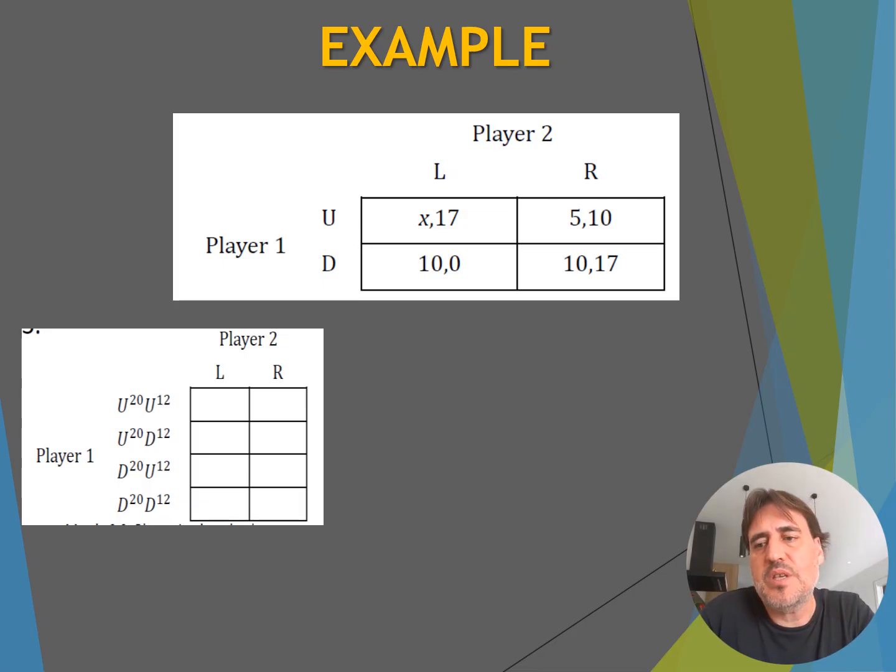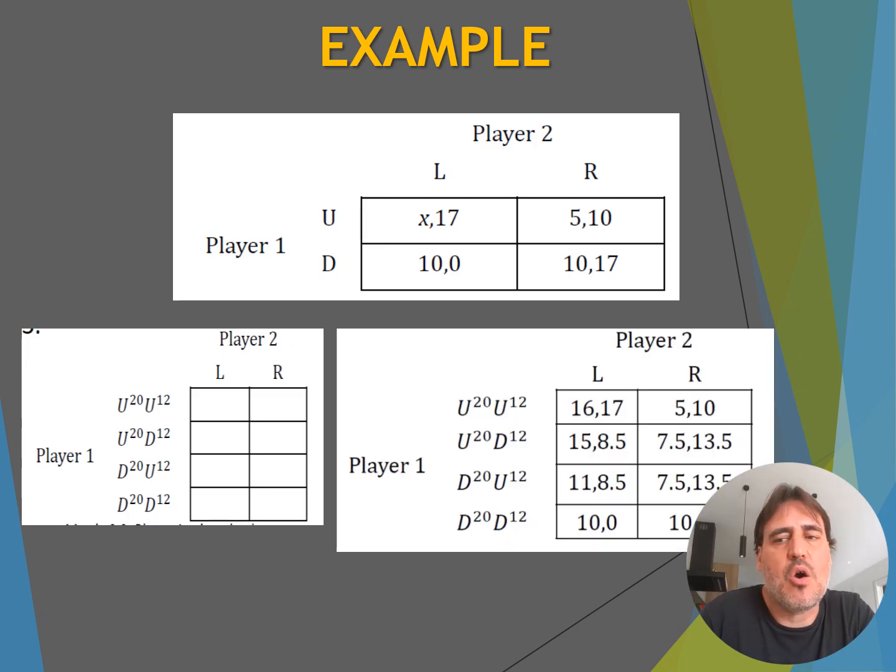The next step is to fill in the cells of the matrix, for which there are 2 different approaches that lead to the same final equilibrium. The first approach is, as described in the previous slide, that player 1 has in each cell 1 payoff for each type. The payoff in the type x equal to 10, and the payoff in the type x equal to 12 in this example.